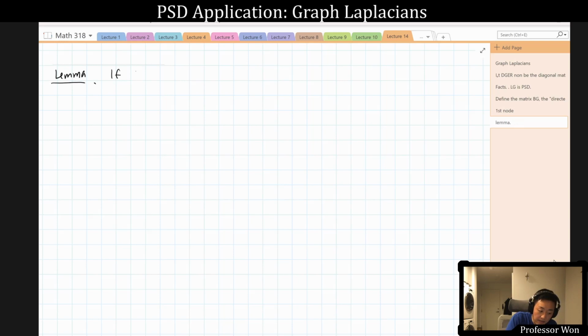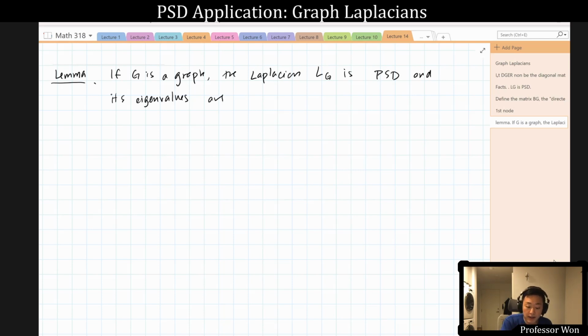If G is a graph, the Laplacian L sub G, not the brand, is positive semi-definite, and its eigenvalues are, so we know that 0 is an eigenvalue.